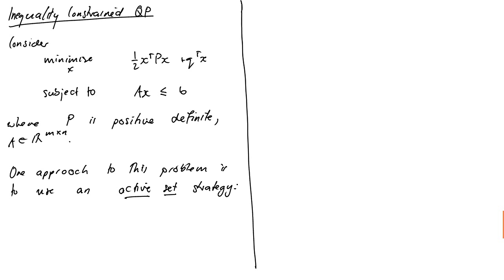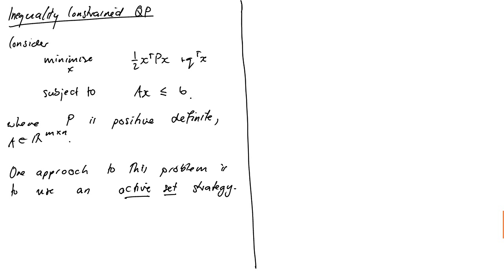Okay, and how do we sort of think of this? Well, if we're minimizing a quadratic function subject to those constraints, then we've got a few different things that can occur. So, for example, if we minimize this, ignoring the constraints for now, if we just minimize the objective, then our objective minimizer, x star, might fall right smack bang in the middle of our feasible region.